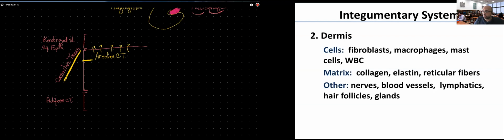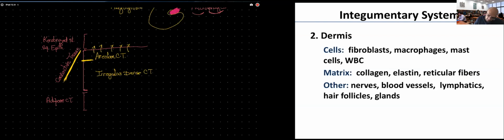And yes, Alexandra, deeper to the areolar connective tissue. Remember, I can pull on my skin in many directions, and I don't have rupture of the dermis. So what kind of tissue allows you to exert tension in more than one direction? Exactly, it's the irregular dense connective tissue.